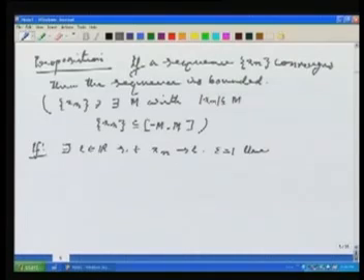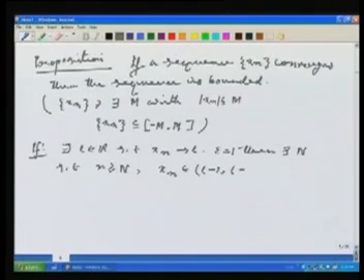Then there exists a stage such that after this stage the whole sequence xn is in the interval L minus 1, L plus 1. This implies that mod of xn minus L is less than 1, which again implies mod of xn is less than or equal to mod L plus 1.